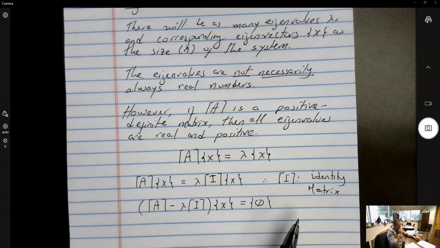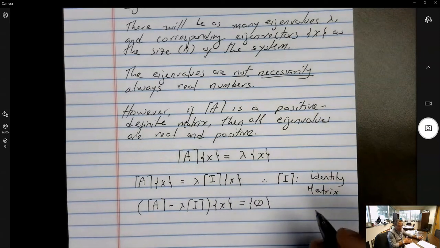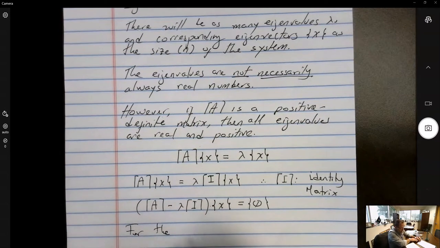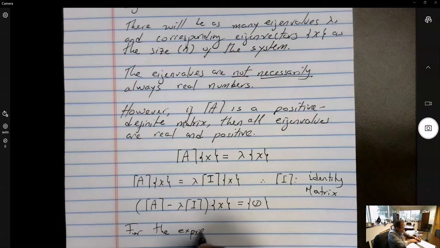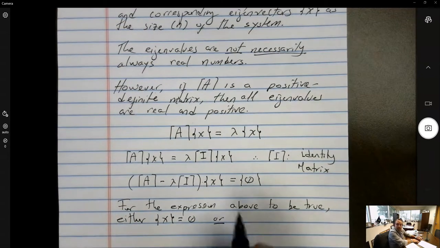All right, so in order for this times this to be equal to 0, there are two options. For the expression above to be true, either x is equal to 0, or the determinant of A minus lambda I is equal to 0.